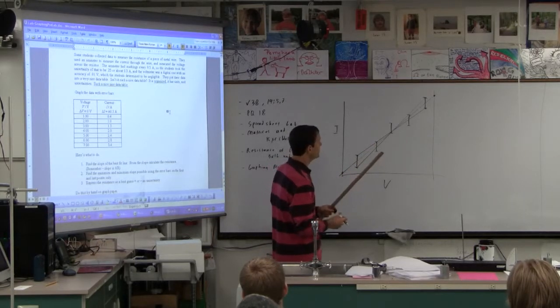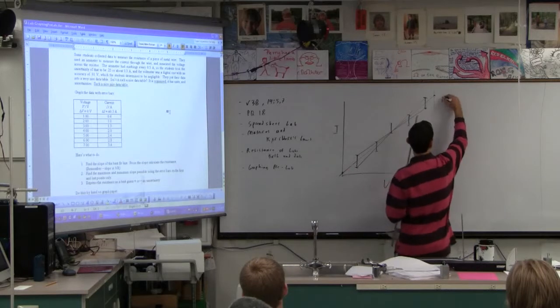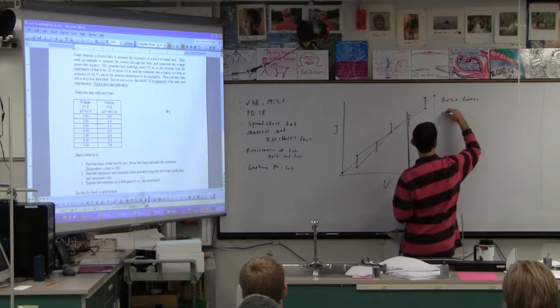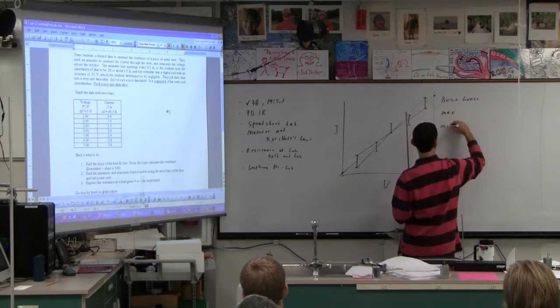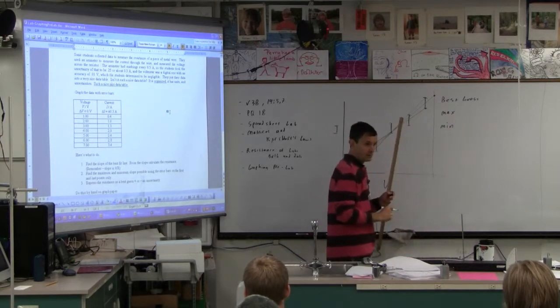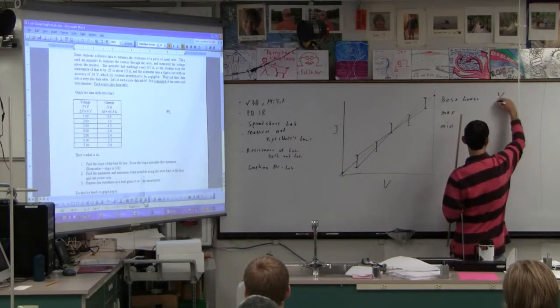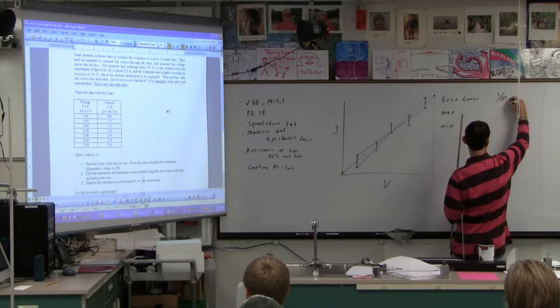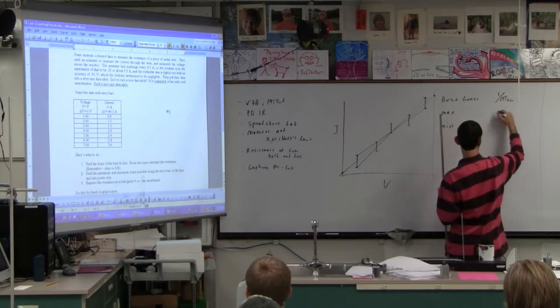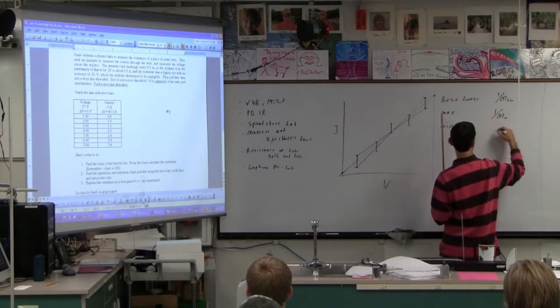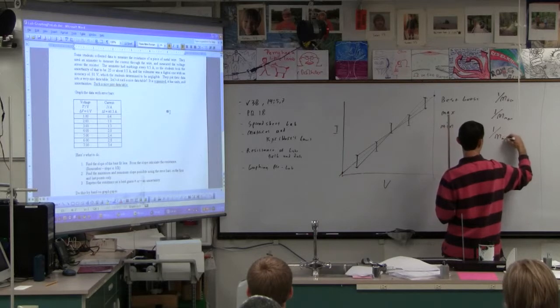So then you're going to have a best guess slope, a max slope and a min slope, yeah? Then you're going to take 1 over m best guess, then 1 over slope max, and 1 over slope min.